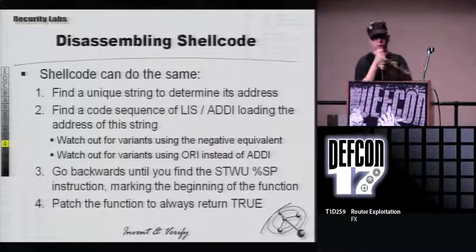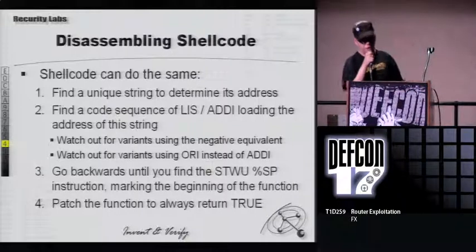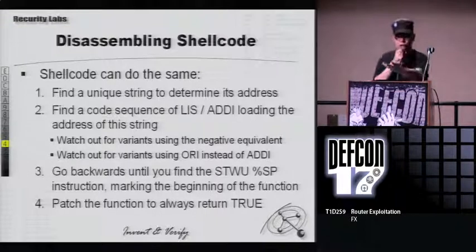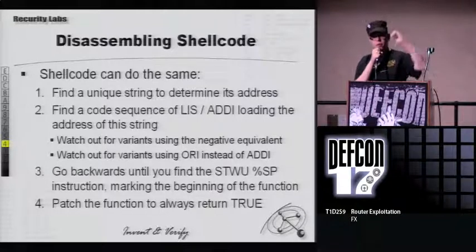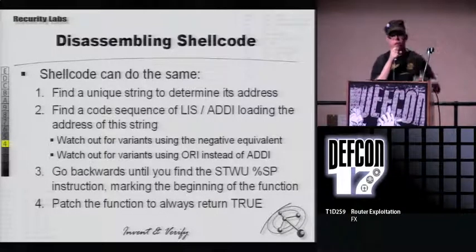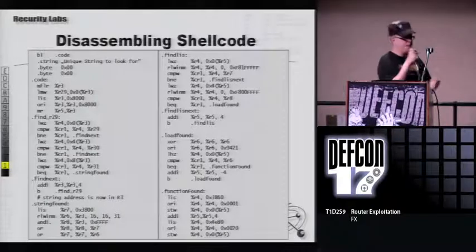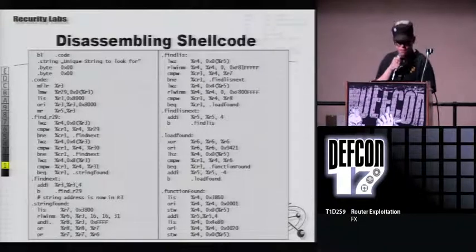That you have two instructions that load the address of a string because it's a 32-bit fixed size instruction set. So it finds the two instructions and then knows in which function it is, right? And then it goes back upwards and actually disables the function entry point and just returns true. This is how it looks like. You have it on the slide, so this is how you code patch.